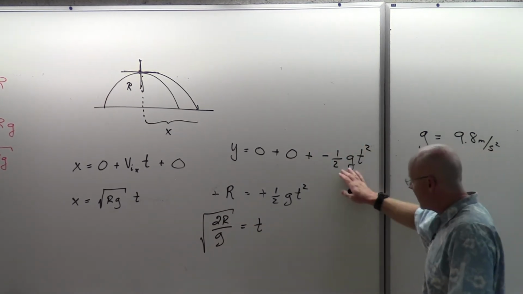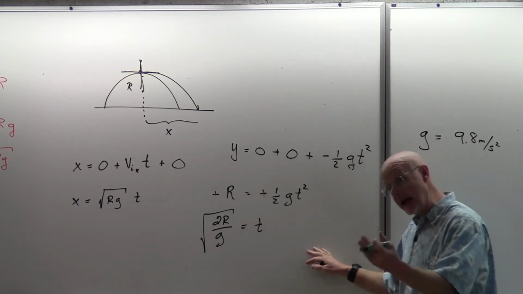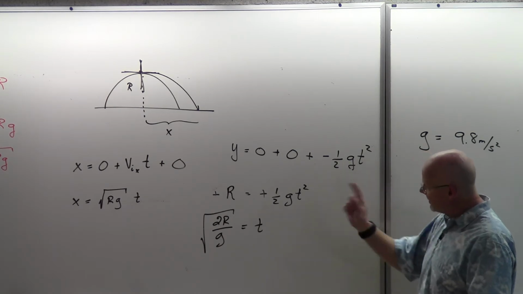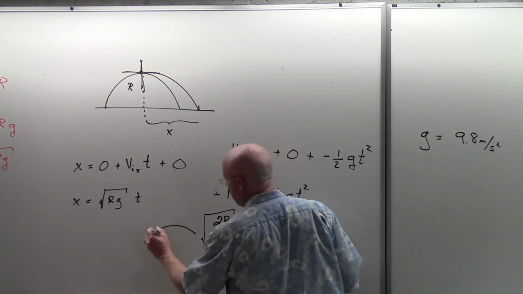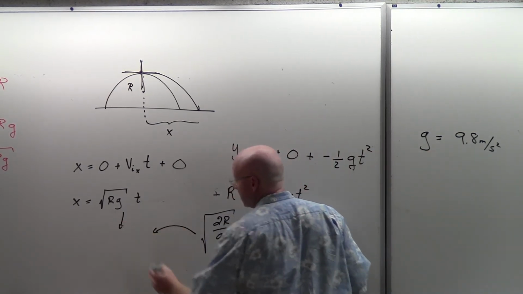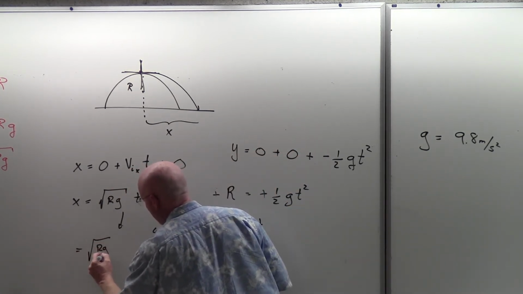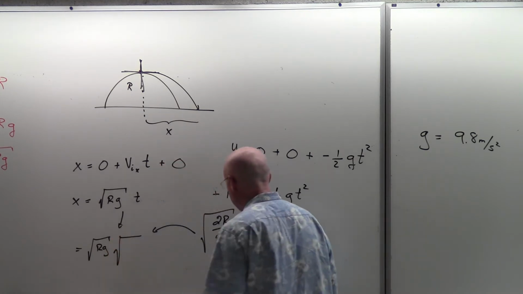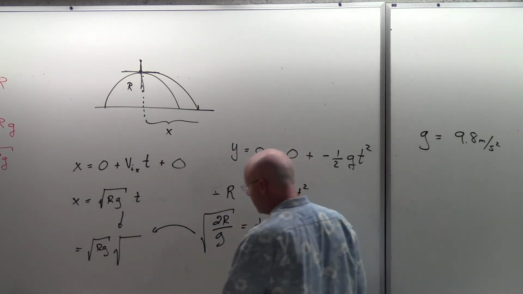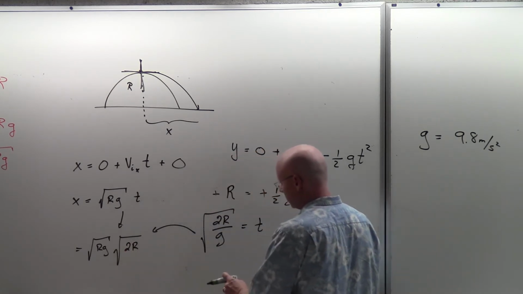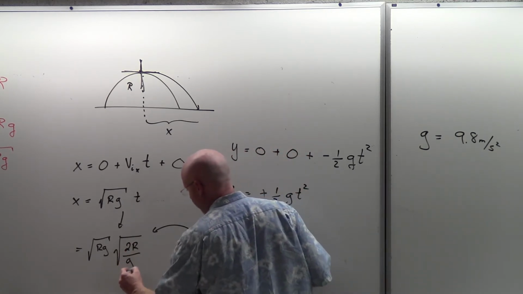That's what I was saying, both in lab and last Monday: use the vertical motion as your clock. Now that we have time, we can put it into this equation. So I'm going to come back over here. I got the square root of rg, and then I'm going to multiply by the time, which is the square root of 2r over g.